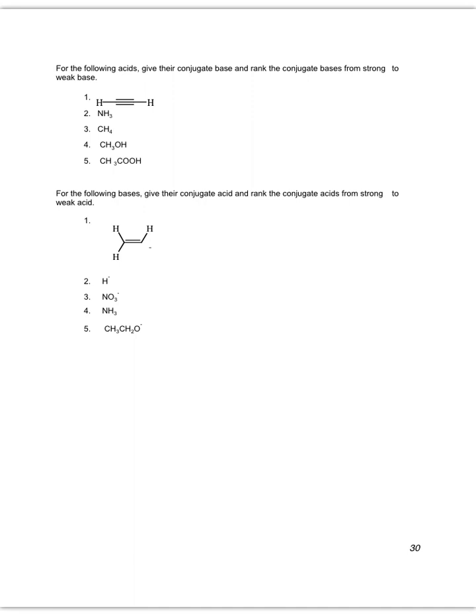So here we have some acids. Give their conjugate base and rank the bases from strong to weak. So you need to know what the pKas of different things are. And here's one where we have the base, give the conjugate acid, and rank them from strong to weak.